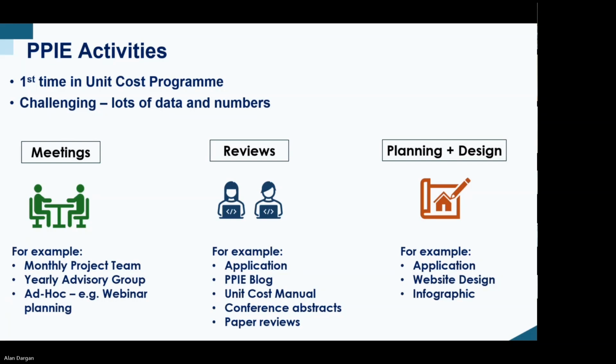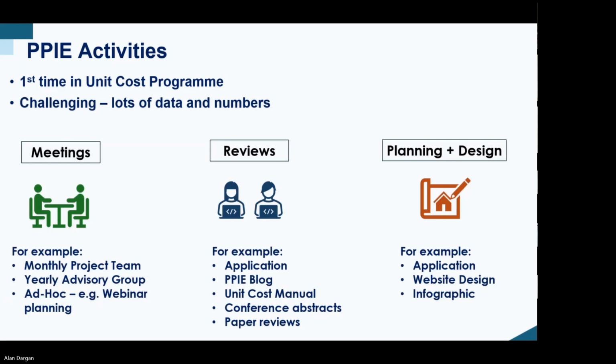As Helen mentioned, we have monthly project team meetings, we have yearly advisory group meetings, and we also have a lot of ad hoc meetings. For example, planning this webinar today has involved the whole team, including our research advisors. We have quite a lot of what we call outputs from this programme.